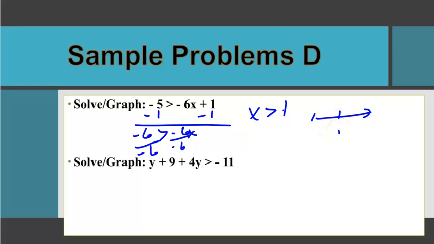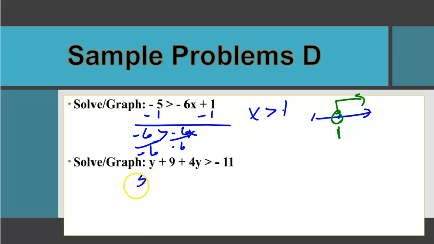So I got positive 1 here. Open circle, greater than means going to the right. Just to verify I'm correct, it's bigger than 1, so I'm going to put 2 in there. Negative 6 times 2 is negative 12. Negative 12 plus 1 is negative 11. Negative 5 is greater than negative 11.